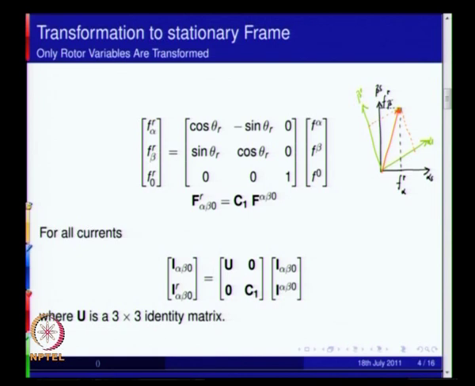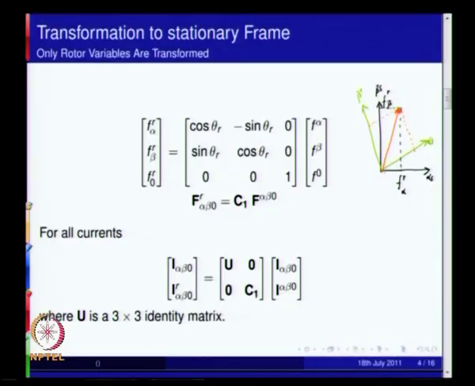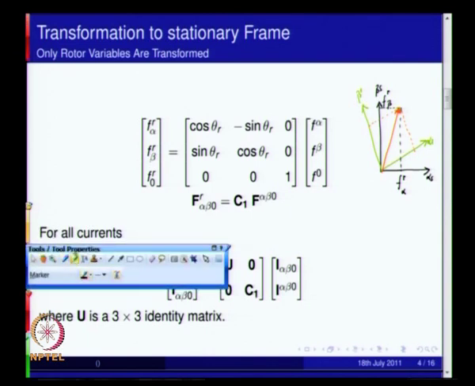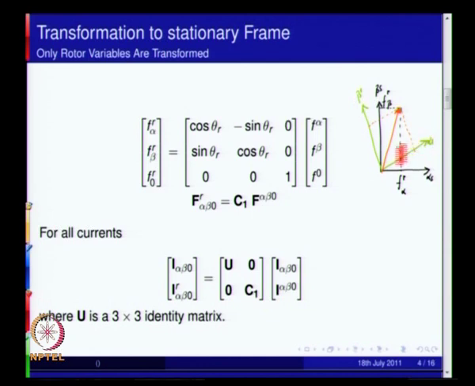Again one needs to understand from the figure that the MMF space phasor is really the same. Earlier we were viewing that from the alpha r and beta r axis, and therefore you had an alpha r part and a beta r part of this F component.